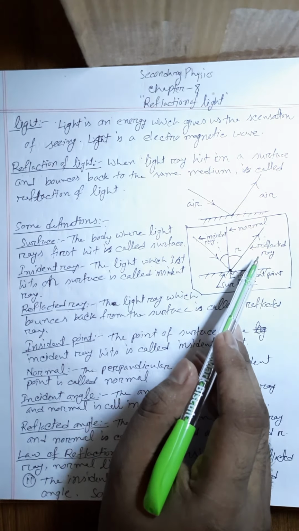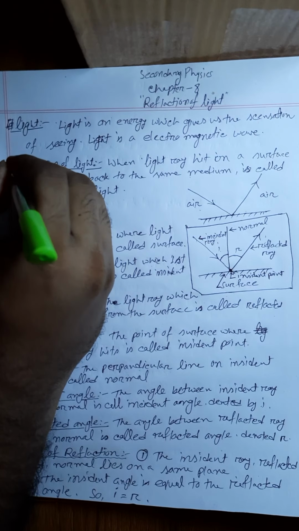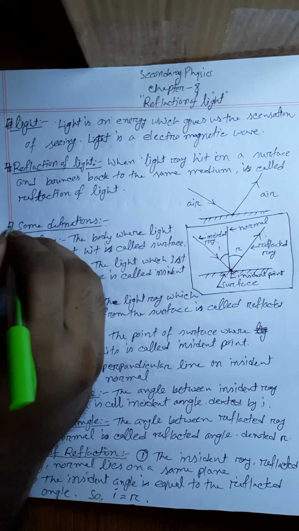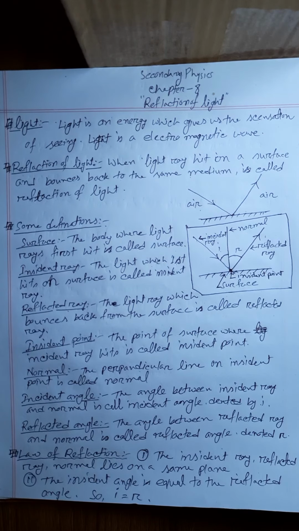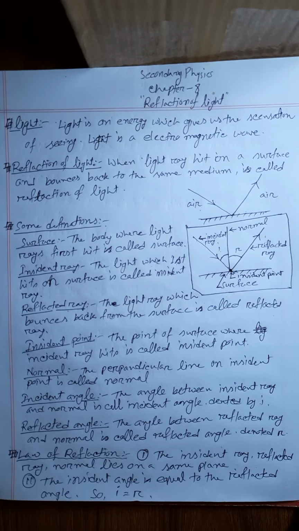Now, law of reflection. First law: the incident ray, this one, reflected ray, this one, normal, this one, they all lie on the same plane.